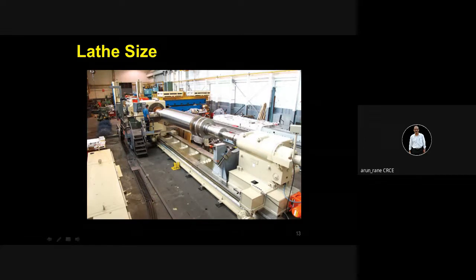This is your roll turning lathe machine. You can see how the cables are laid on the floor. People have to climb. This is a small stair to reach the tool post.